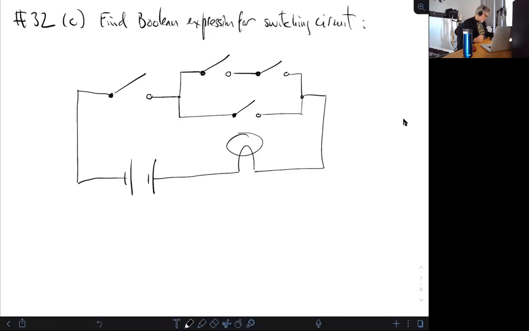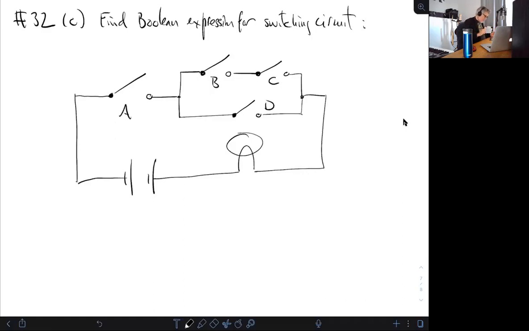Okay, this is A, this is B, this is C, this is D. So you remember how this works.